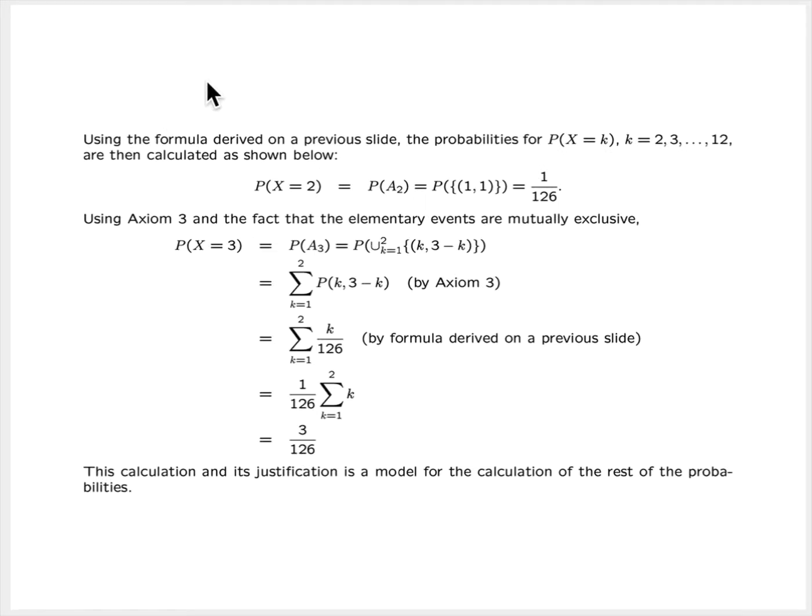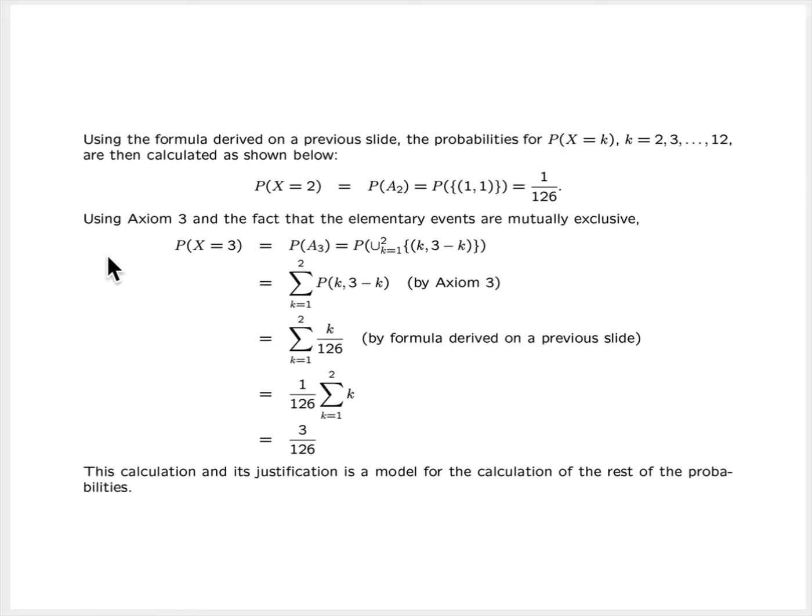So using the formula that was derived on a previous slide, the probabilities for each of these events, so the probability that x is equal to k going from 2 to 12, are then calculated as shown below. So for example, the probability that x is equal to 2, according to this formula that we derived, is equal to 1 over 126. Now that one's easy to do because we only have one elementary event whose probability we need to determine.